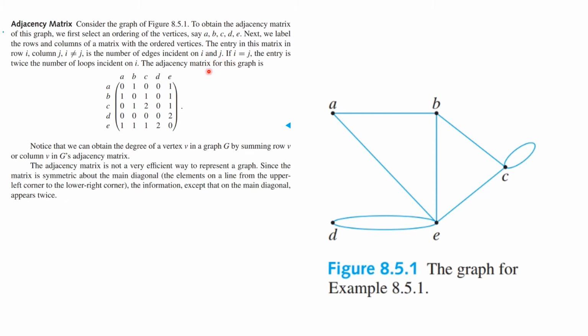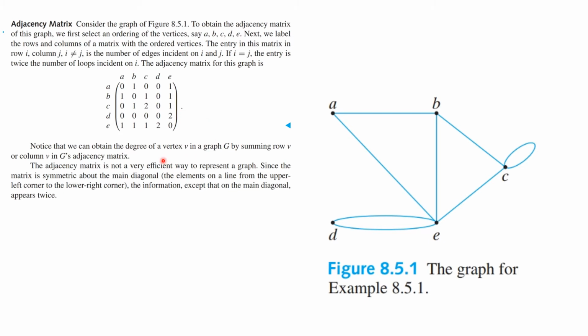Now, if I equals J, which is the main diagonal, the entry is twice the number of loops incident on I. So, for example, here you see that you do have loops, and one happens at C, and there are other loops where there are multiple connections happening.